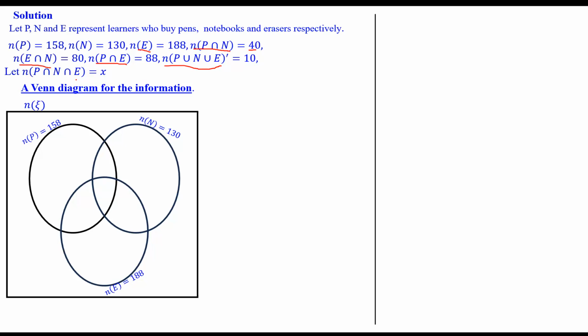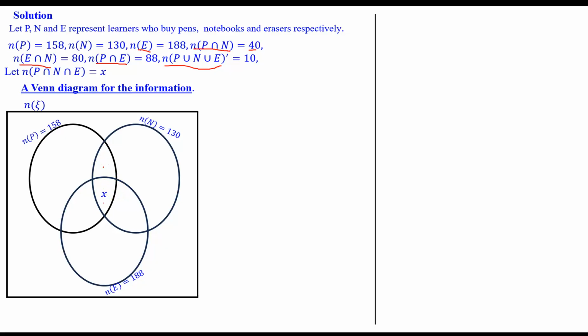Filling in starts from the innermost region. We shall start from the innermost region here. This region is for learners who buy all the 3 items, and this one is x. Then we can move ahead to this one.